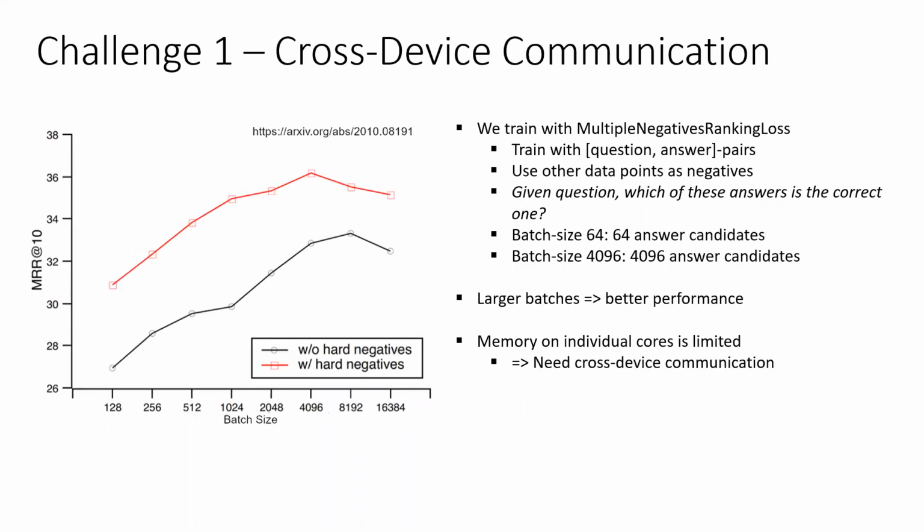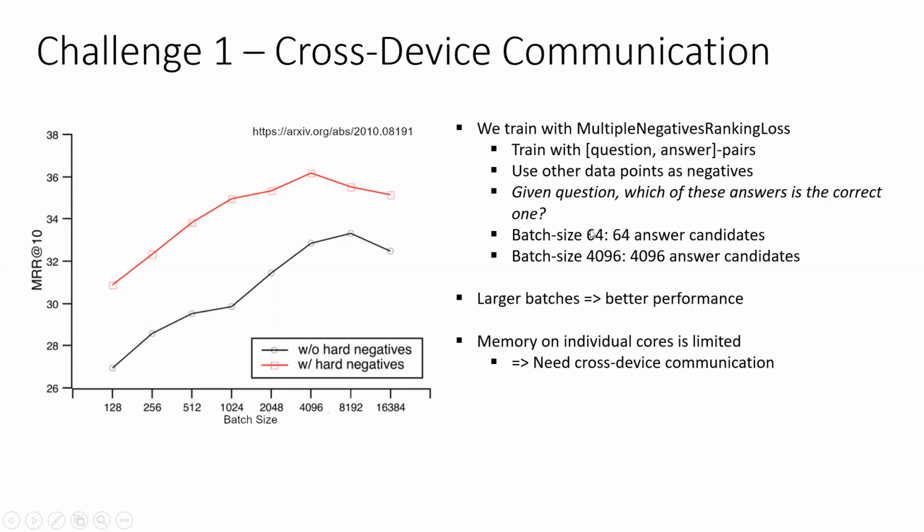If you train embedding models, it becomes sadly a bit more challenging than the traditional distributed training setup. We train with multiple negatives ranking loss. So we have examples with a question and an answer, and we use the other data points as negatives in the batch. When we train on question answer data, the task is, given a question, which of these answers is the correct one?